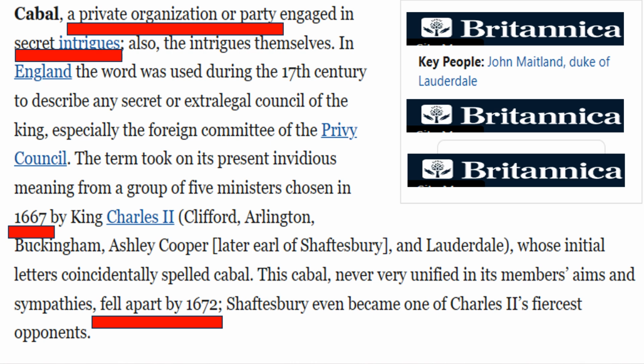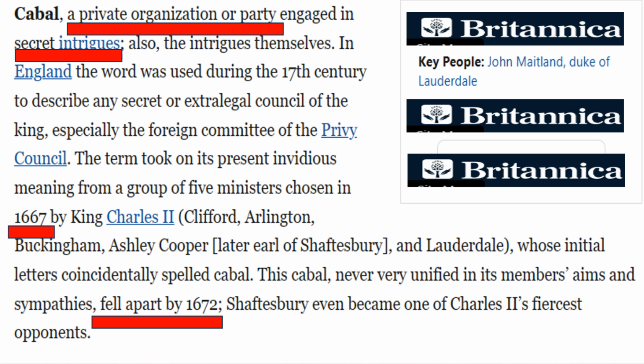Okay, and so this is in relation to what's known as the Privy Council. And so there were these ministers also that were involved. And sometimes you'll hear this narrative that cabal is really using the first letters of all of the names of these ministers, and that's how they came up with cabal. But that is not how they came up with cabal. Cabal means exactly what cabal means.